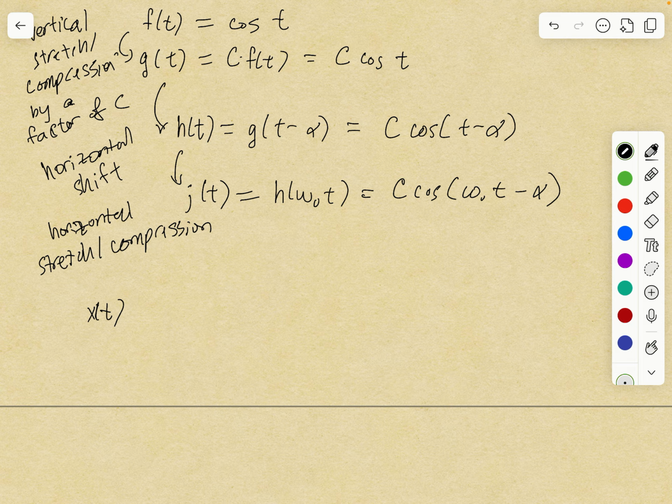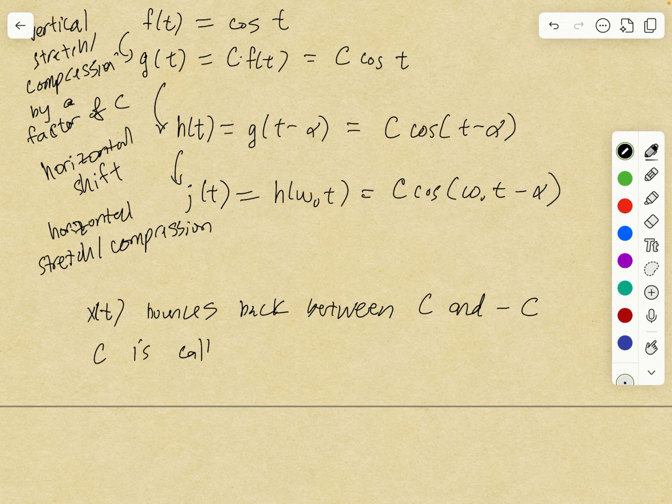So x of t bounces back and forth between C and -C. And so C is called the amplitude of the wave.